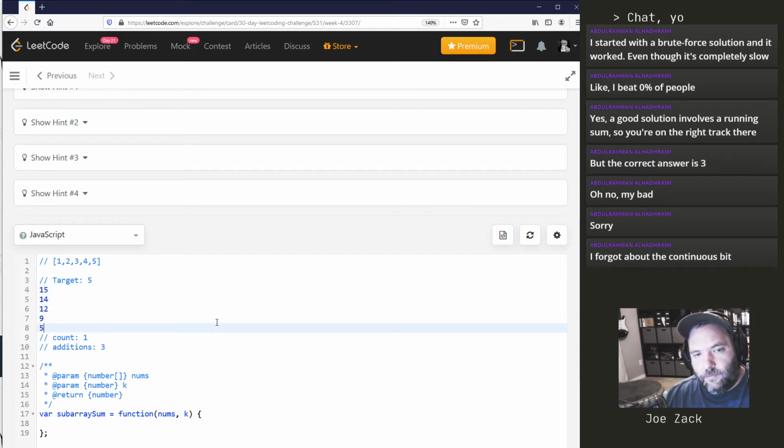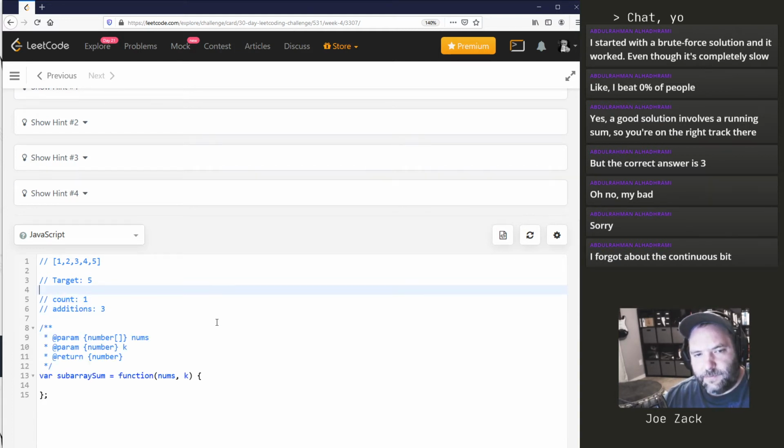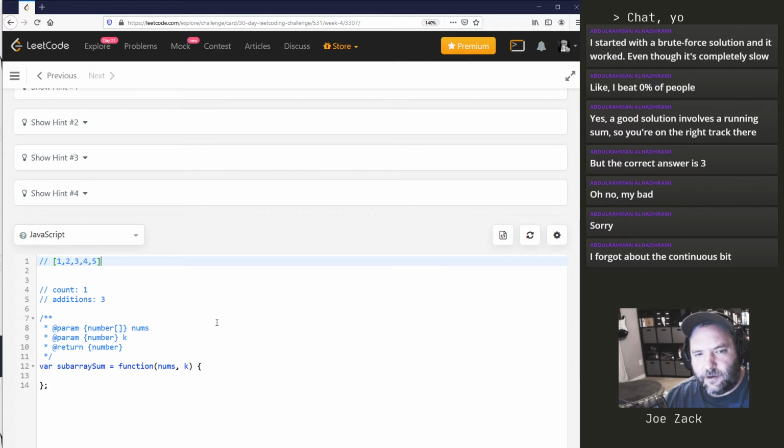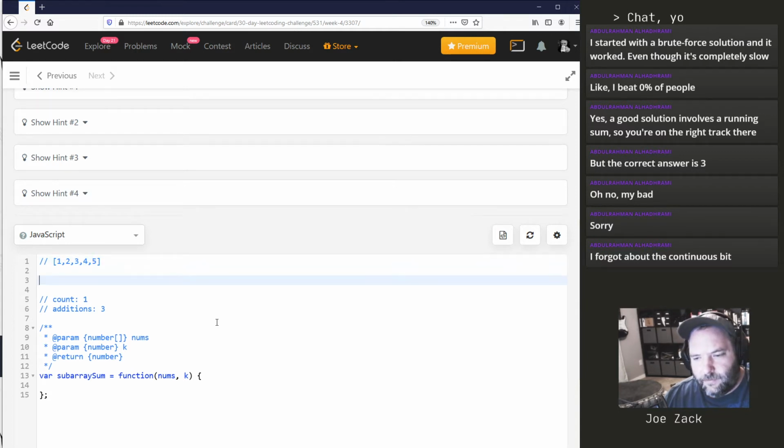So for how many calculations I did for an array of size 5, I did 1 plus 2 plus 3 plus 4 plus 5, which is, it's n factorial, isn't it? So that is probably too slow. Is that true?